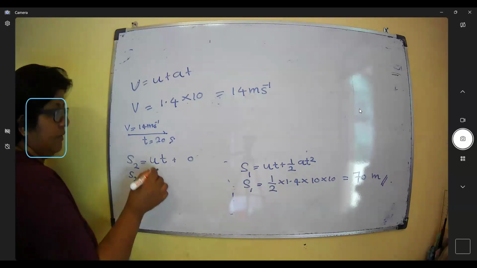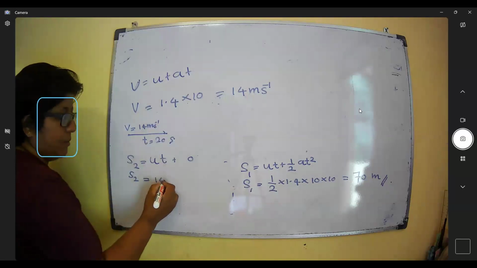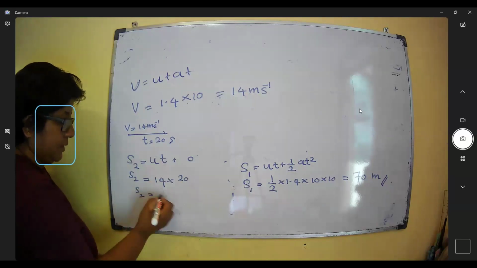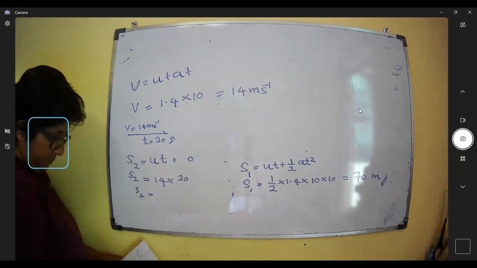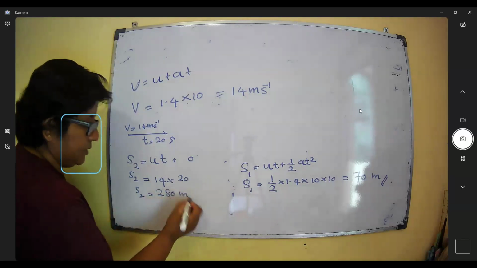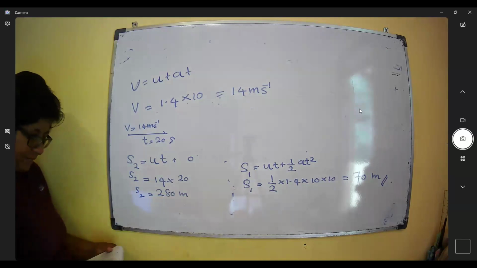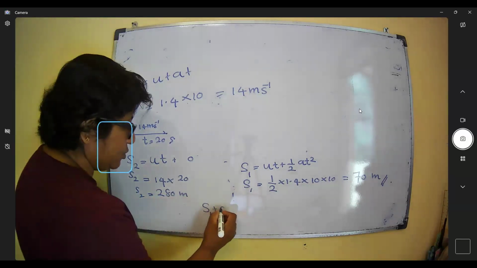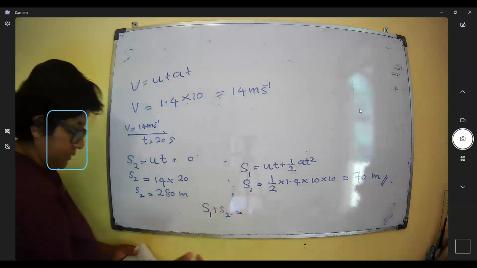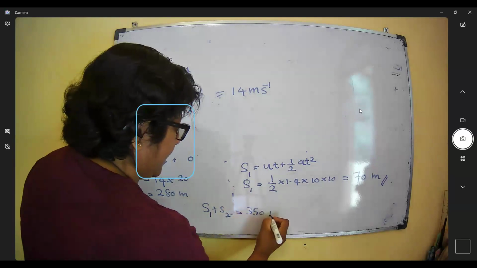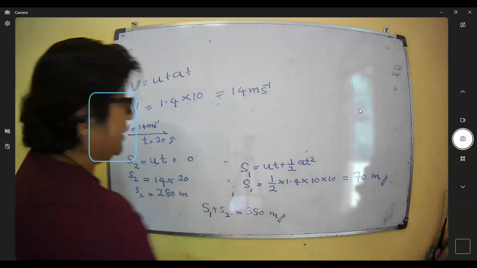The velocity gained is 14, so 14 into 20, S2 equals 280 meters. The total distance covered, S1 plus S2, is 350 meters. Then we can apply the kinematic equations.